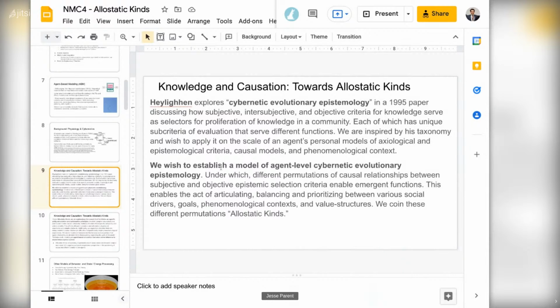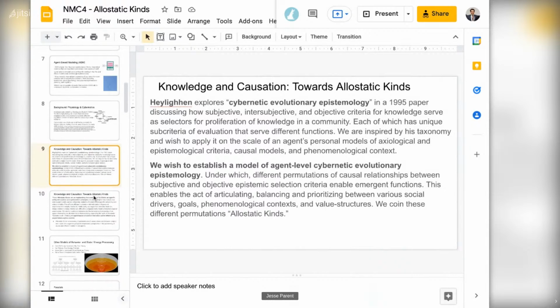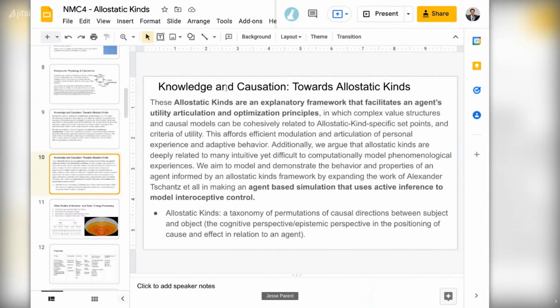We hope to develop this model of agent-level cybernetic evolutionary epistemology, and the different permutations we're talking about: articulating, balancing, prioritizing. These are what we're hoping to explore as allostatic kinds, and these kinds are sort of an explanatory framework that facilitates an agent's utility articulation and optimization principles.